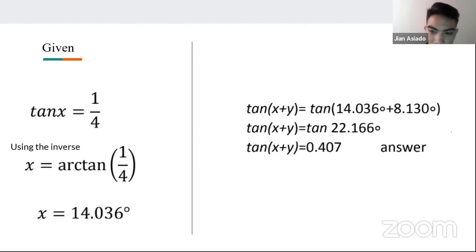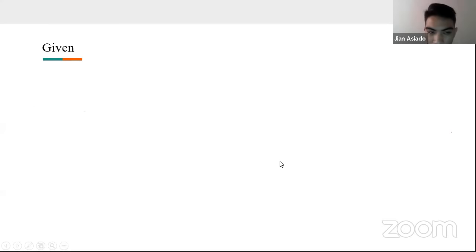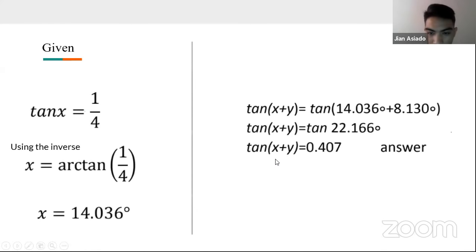And then, since meron ka nang y, no? Ayan, that's it. Plug in the values lang, no? Then we arrive at the answer. Ayan, ito, tangent x and y. Tangent x plus y is equal 0.407. So ito kailangan uli ng calcu, no?